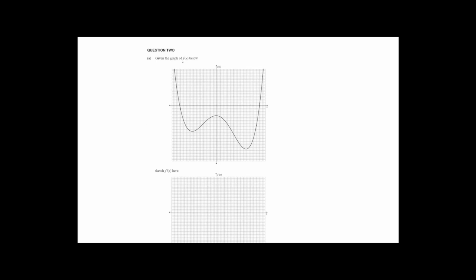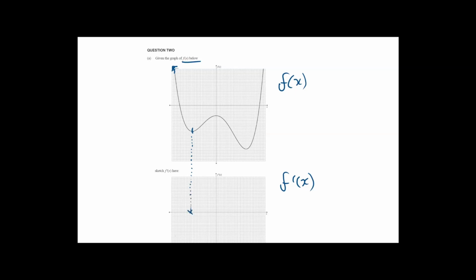Very, very common. So we're given f of x, the original equation, and on this set of x's here, we want to draw what it would look like if we differentiated it. So from here, I guess, to infinity to here, it's negatively sloped. So it's going to be below the axis until we get to this point here, the dotted line.